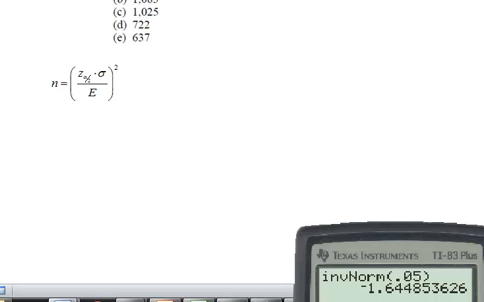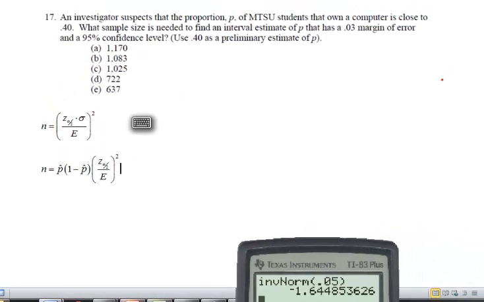Now about sigma, I hope I don't confuse you here. There are two formulas. We have one for n when we have means, and we have one for n when we have proportions. This one here is for means, and this guy here is for proportions.